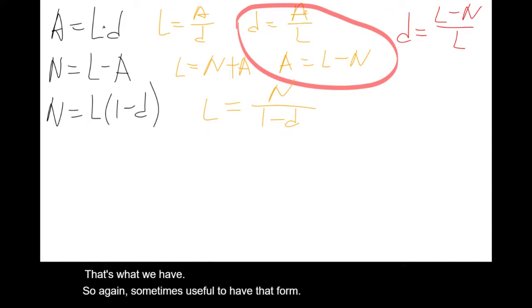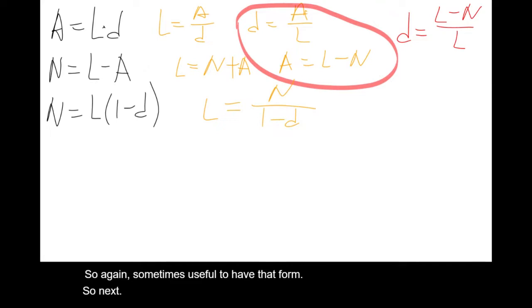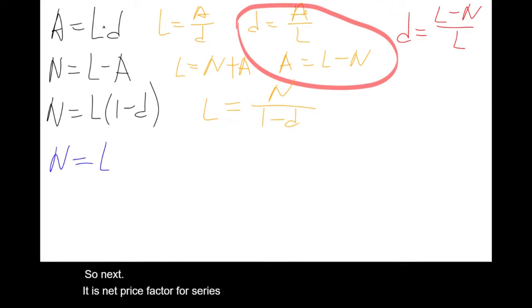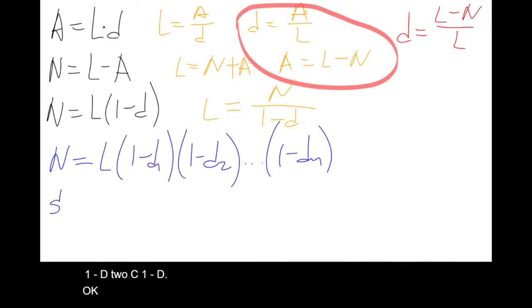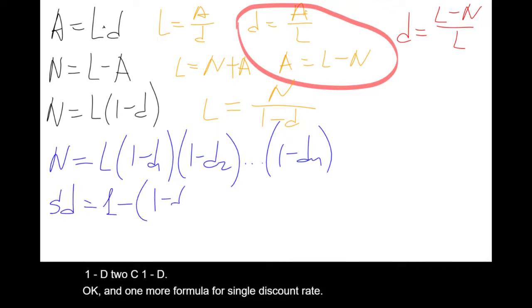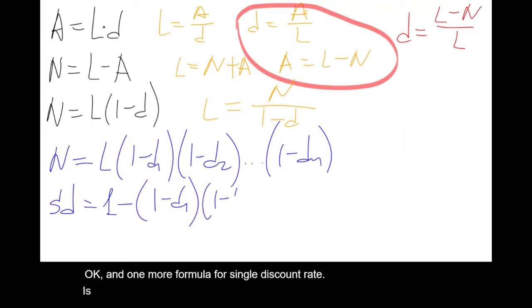So next, it is net price factor for a series of discounts: L times 1 minus D1, 1 minus D2, etc., 1 minus Dn. And one more formula for single discount rate is this.